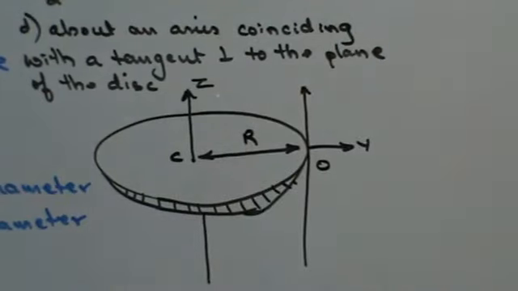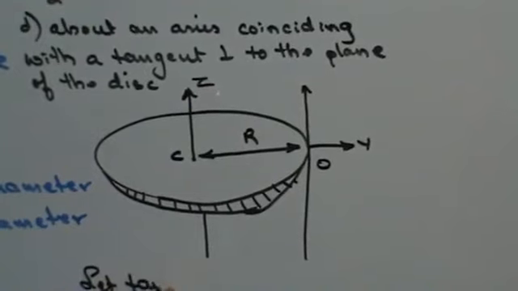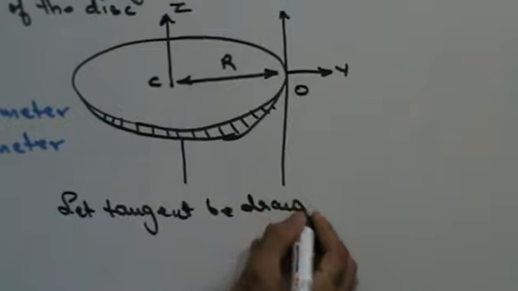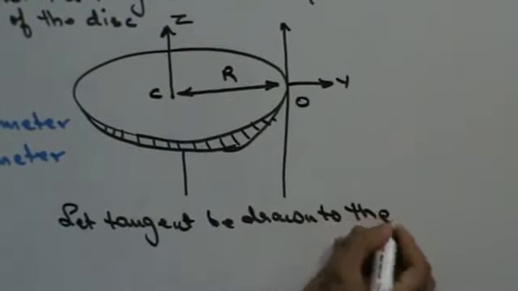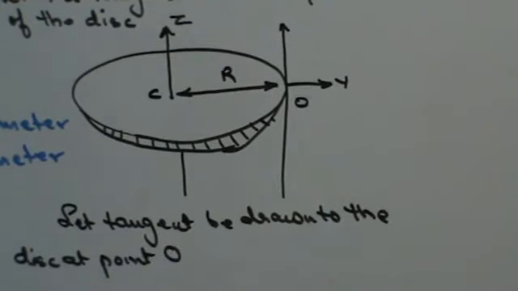Okay, let's assume a tangent is drawn to the disk at point O and perpendicular to the plane of the disk.